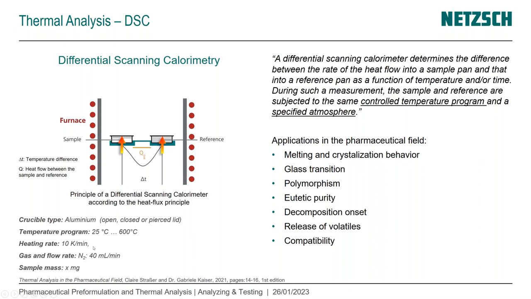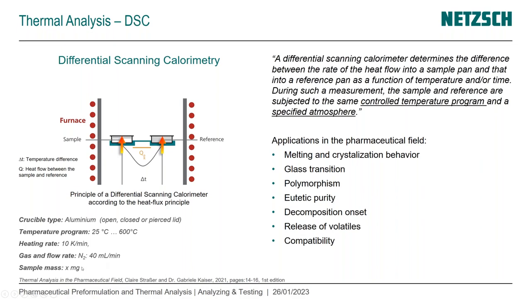The temperature program here, an example of a temperature program from 25 degrees C until 600 degrees C, with a heating rate of 10 Kelvin per minute. So this is the temperature program. And which gas do we have, at which flow rate.